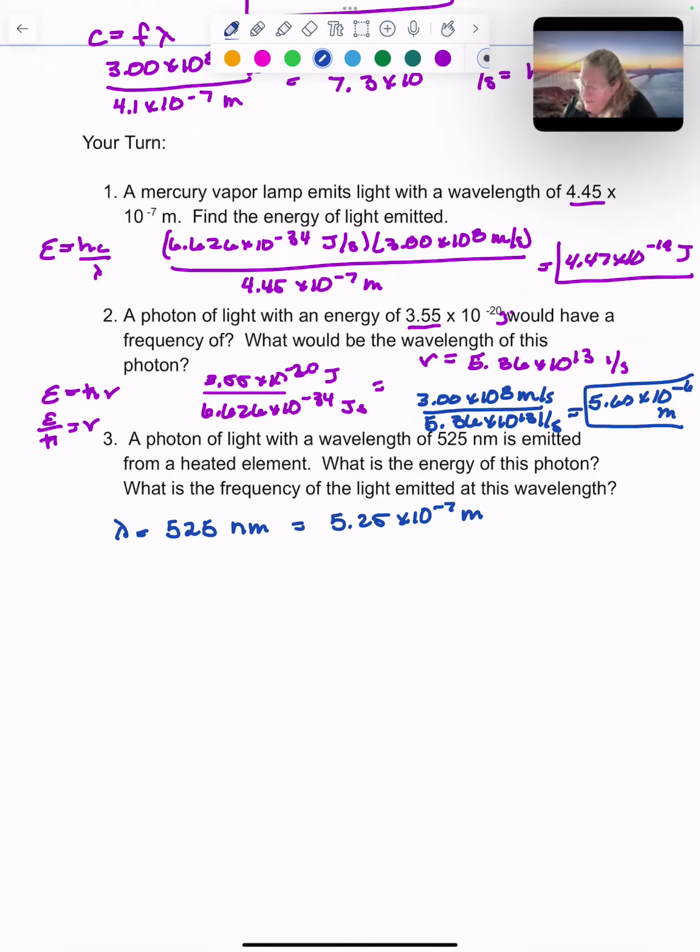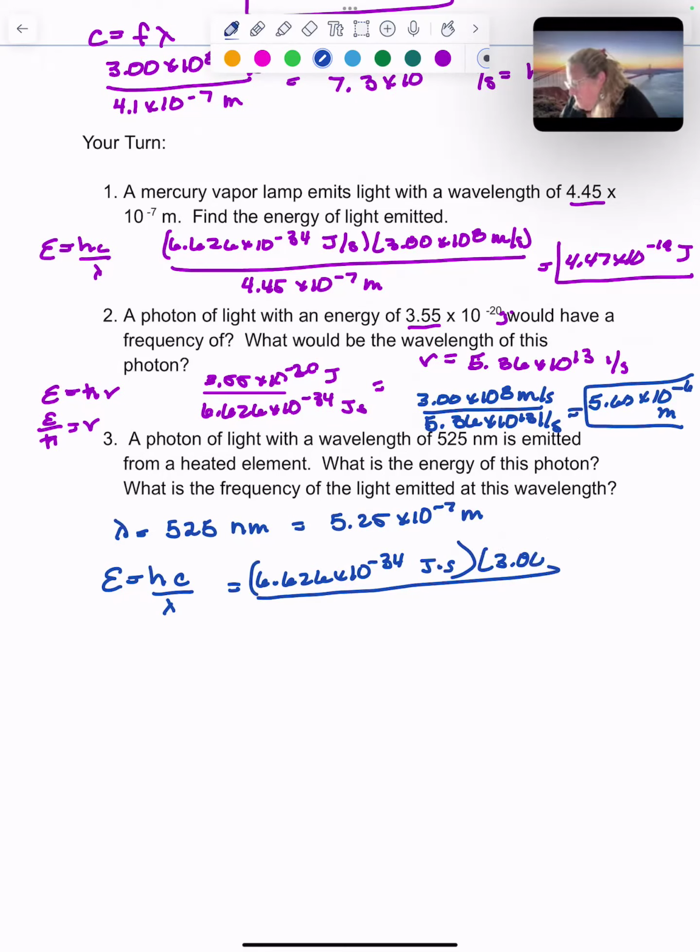So if energy is Planck's constant times speed of light over wavelength, divide by that wavelength, and we want this answer to have 3 significant figures.